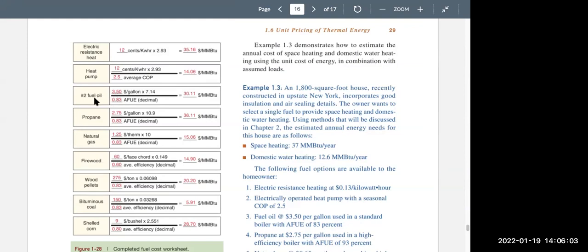Fuel oil can be expensive because we're talking about crude oil. Most people don't burn fuel oil. So it's $3.50 a gallon. That's pretty high. Propane, as you notice here, propane per gallon can be pretty high too. That's been my experience. It can go down. That's one of the problems with the fossil fuels, is the fossil fuels are always going to go up, just like gasoline does.